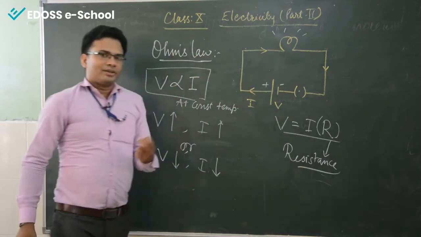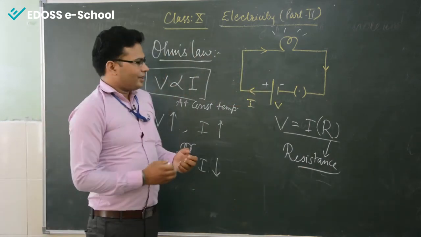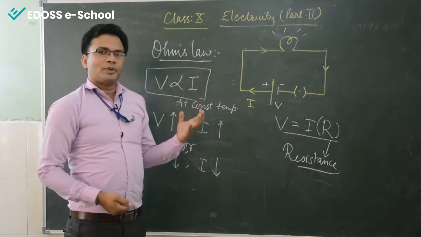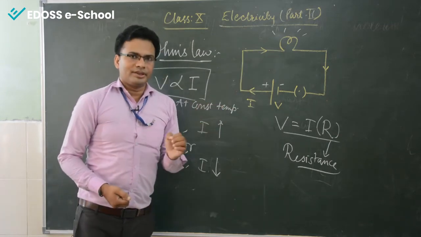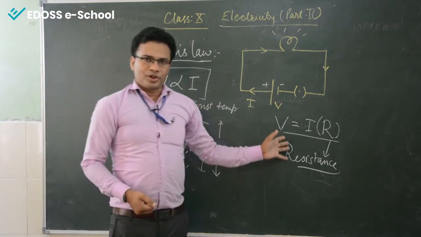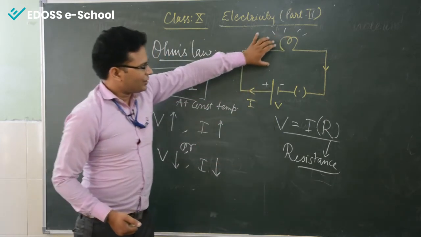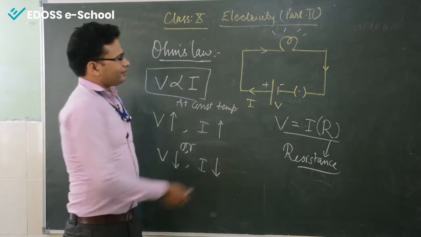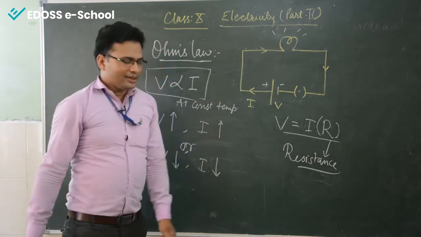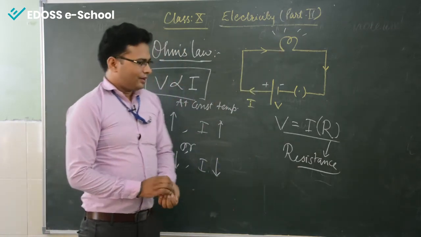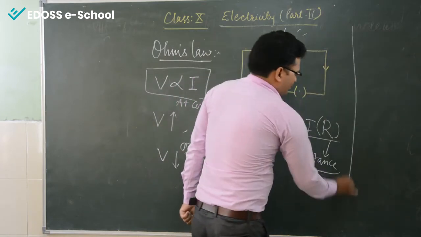Now what is resistance of a circuit? Resistance is generally the hindrance provided by the internal circuit. Okay, you can say the obstruction to the flow of current. Suppose the current is flowing from this side, so the obstruction in between the wires will be known as the resistance.